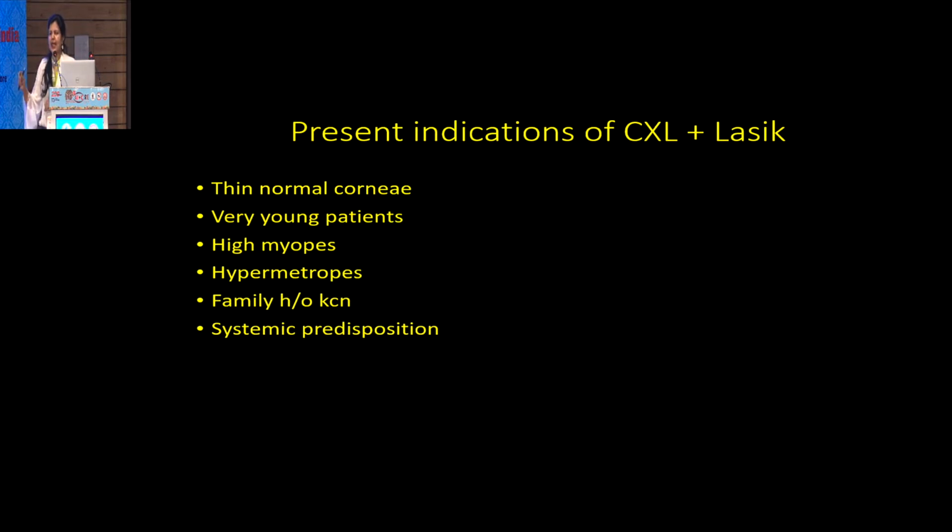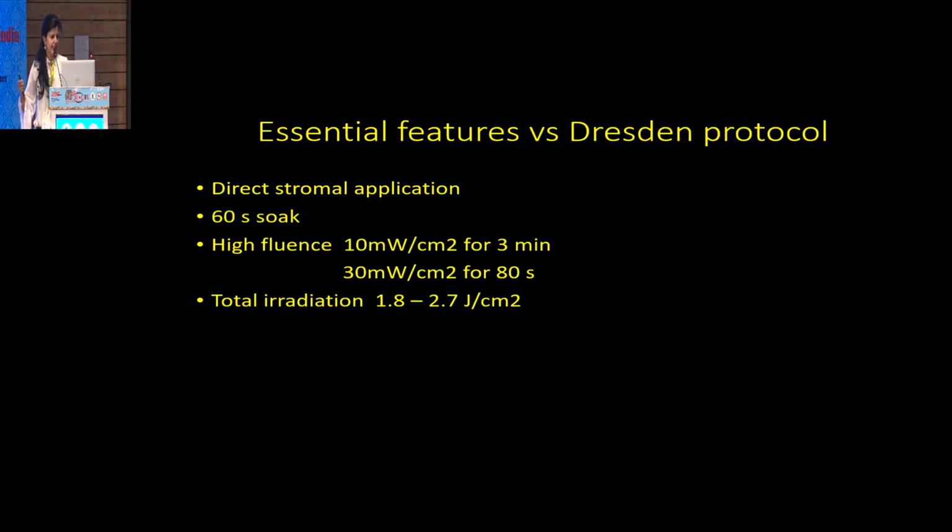Hypermetropes also, it's supposed to provide stability. Some people have also used this as an indication for people who don't have keratoconus or any signs of it but may have conditions that predispose to it, like a family history, some form of systemic allergy, or eye rubbing.